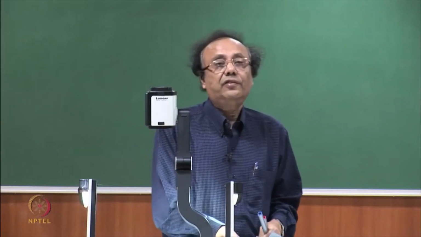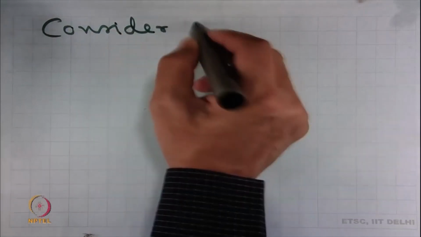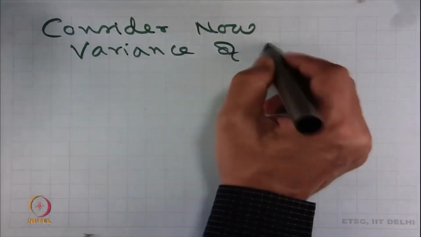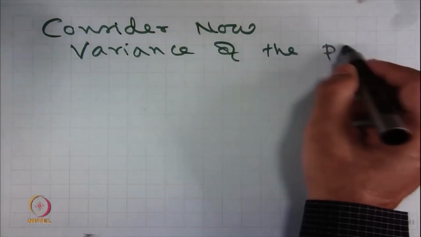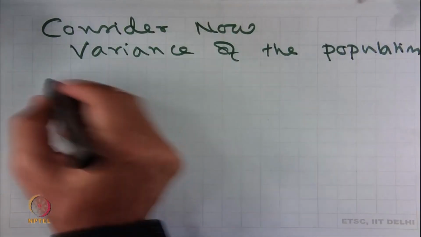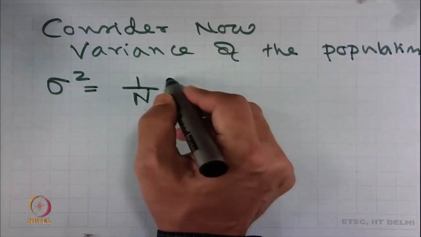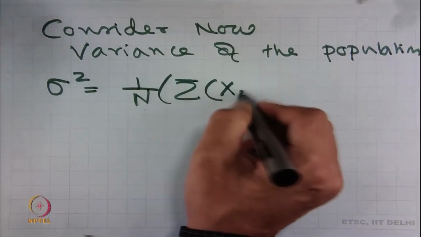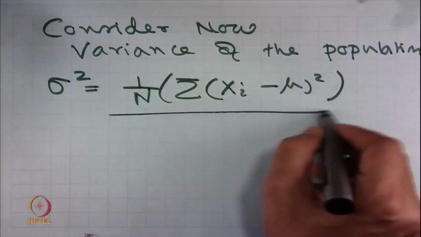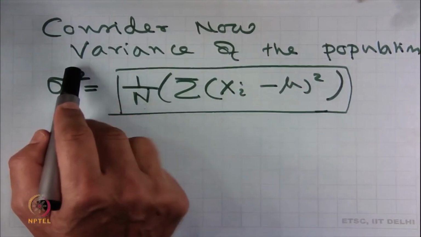Let us now consider variance of the population. The variance of the population, sigma square, is equal to 1 by n sigma xi minus mu whole square. Suppose we want to estimate the population variance.